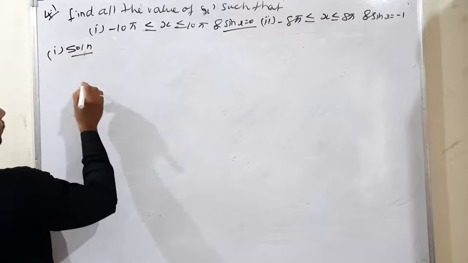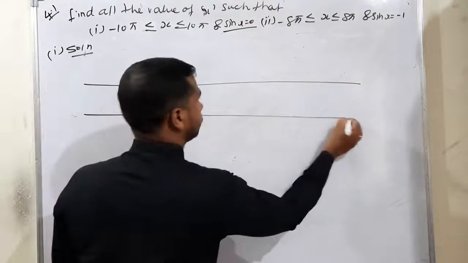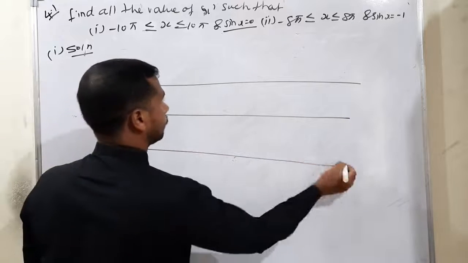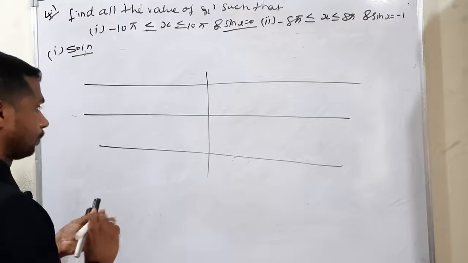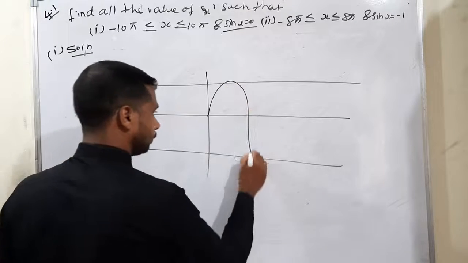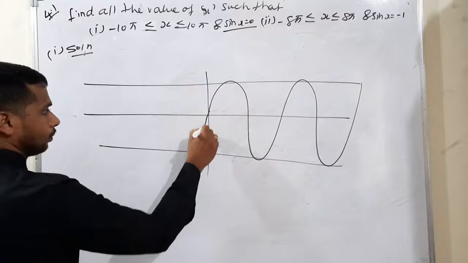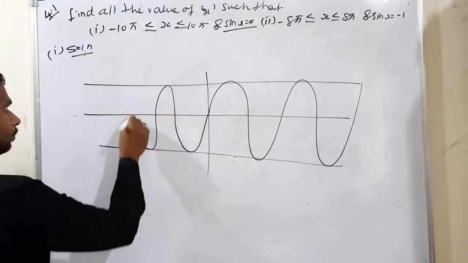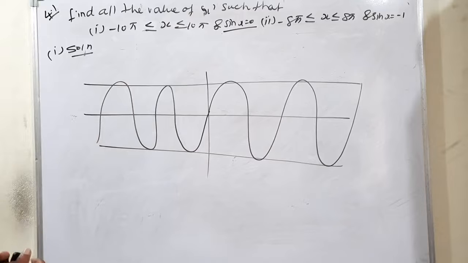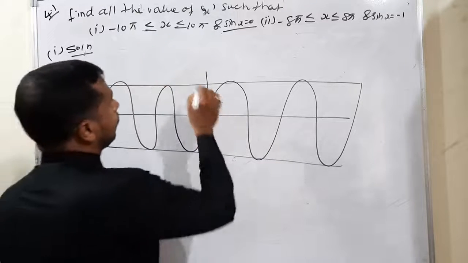Subdivision 1. If you draw the sine graph, what will happen? So this is the sin x graph, actually from minus 10 pi to positive 10 pi, isn't it?